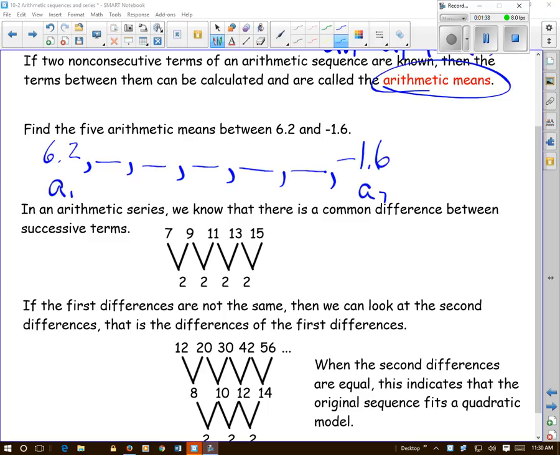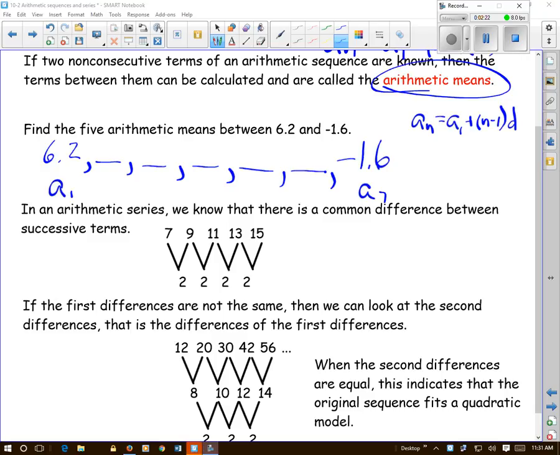So to find the numbers that go in those blanks, what do we need to know? We need to know the value of d. If we go to our formula for the nth term, a sub n equals a1 plus n minus 1 times d, we know all the information except for d, so we can solve for d.